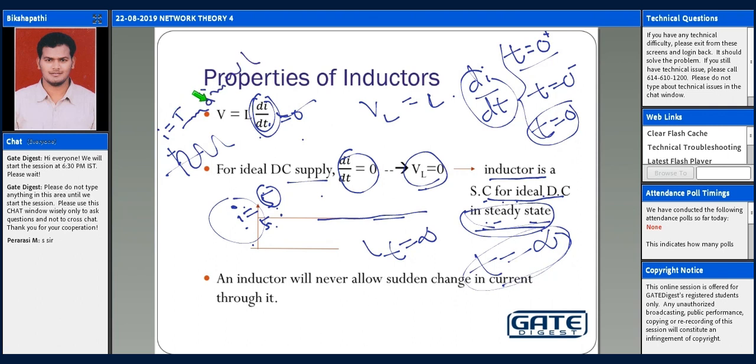If you differentiate this di by dt, you won't get 0 in the AC case, only for DC. You can also see this using a Laplace transform.